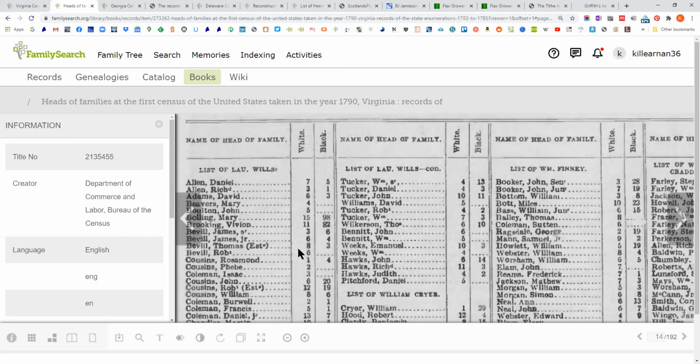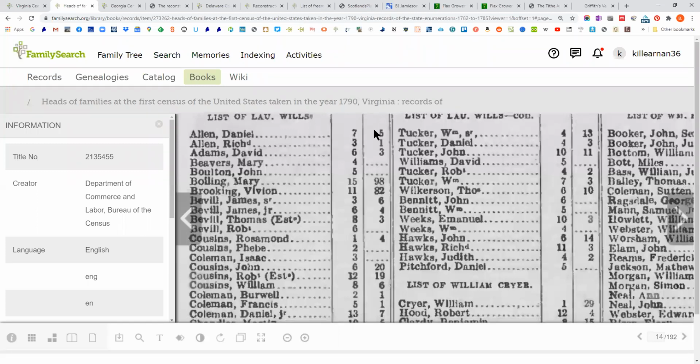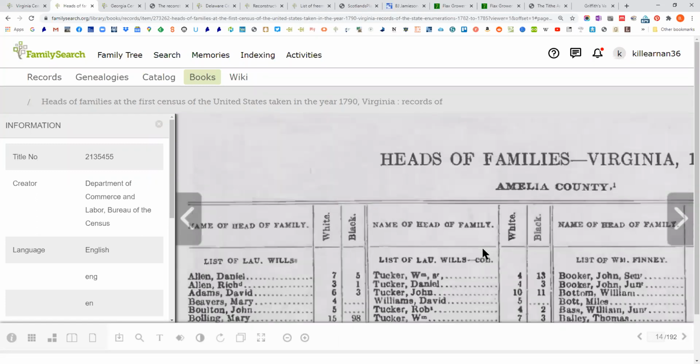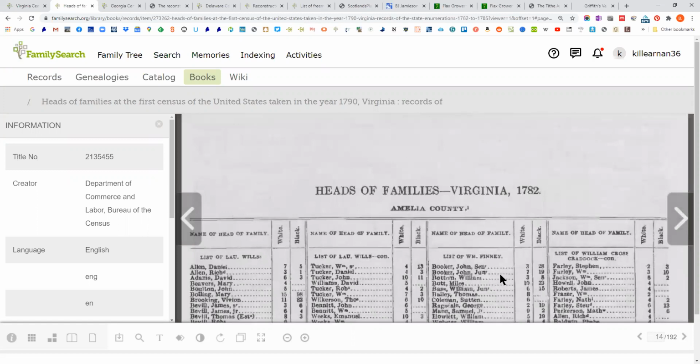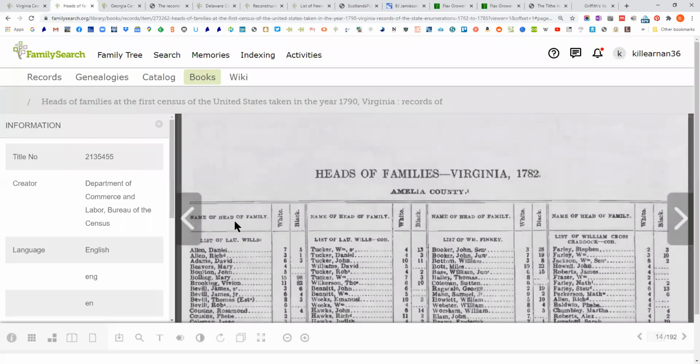You'll notice some of these are listed as the estate of. So you can then guess that this Thomas Bevel, or Beville, I'm not sure how that name would be pronounced, had died by 1782. And what's interesting is that when I showed you that page a few back, it had the list of the assistants who did the tracking.